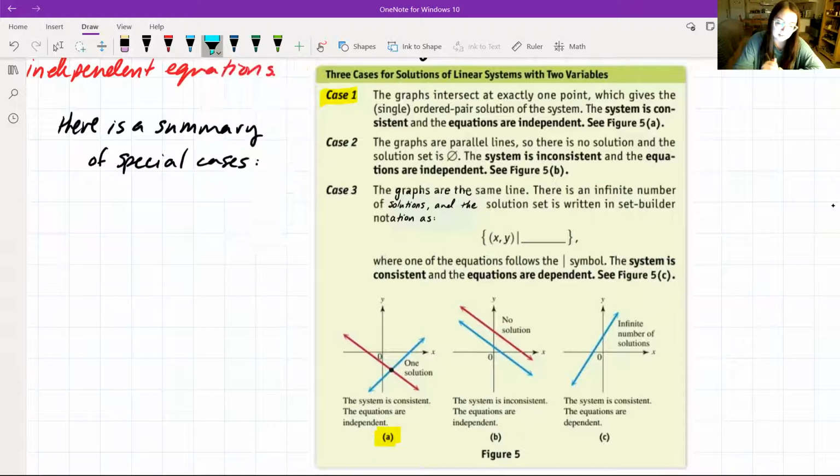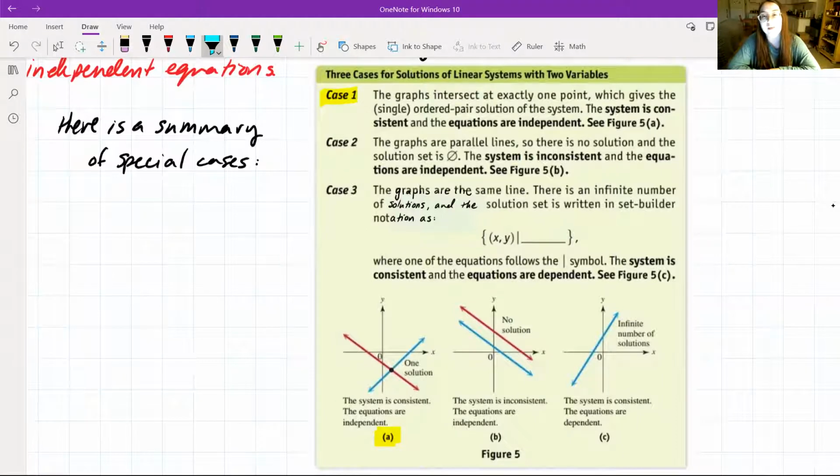Then for case 2, the graphs are parallel lines. So there's no solution, and the solution set is the empty set. The system is inconsistent, but the equations are independent. The equations are still independent because it's not the same equation in different forms, but it's inconsistent since there is no solution.